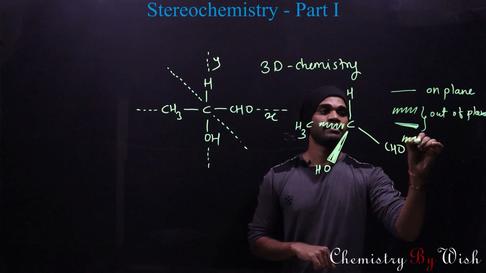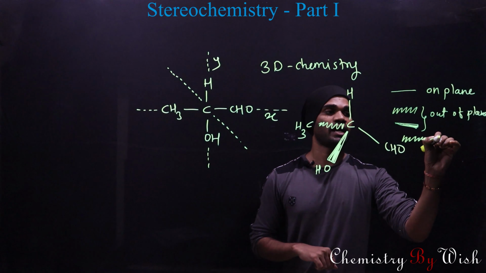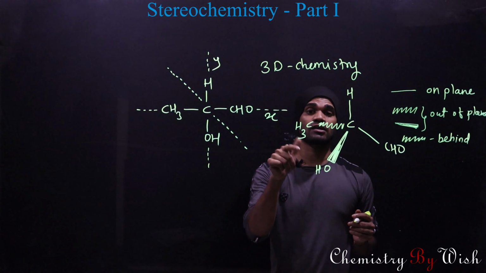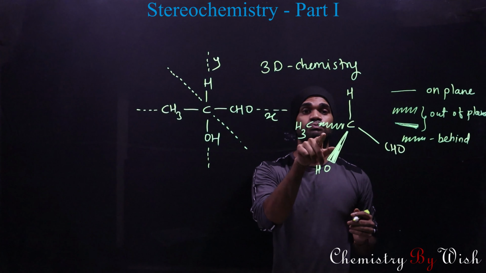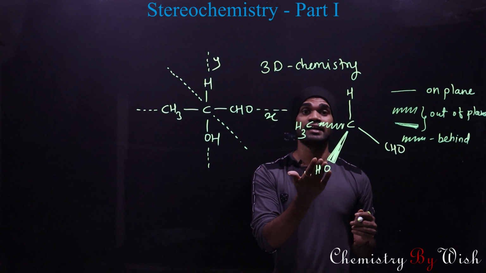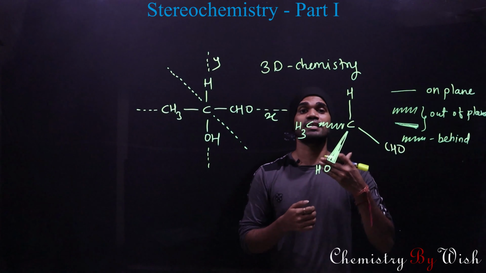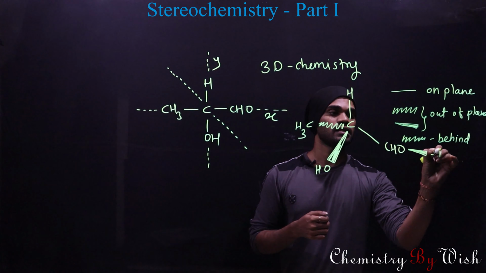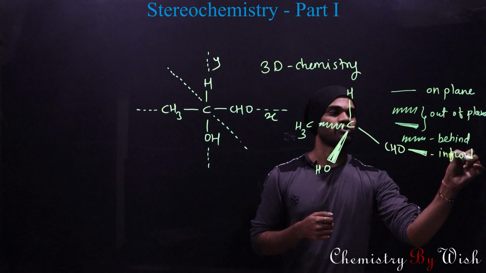The dotted line means it is behind the observer, and the CH3 group present on this dotted line is toward you. This OH group present on the wedge line is in front of me. This point means it is in front of the observer.